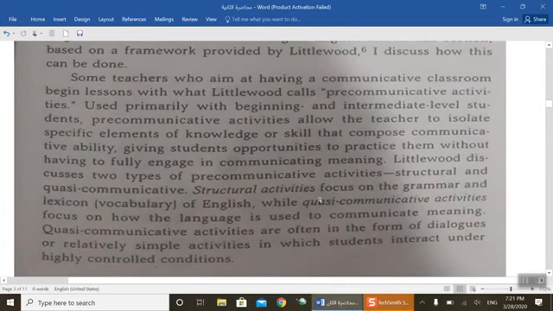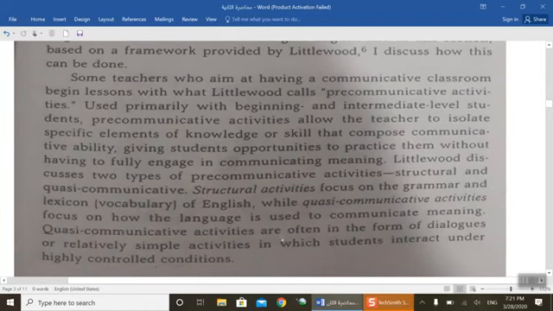Structural activities focus on the grammar and lexeme or vocabulary of English, while quasi-communicative activities focus on how the language is used, not only on the structure. We tell them, for example, this is the subject and verb, and that's it. This is the structure. But then we give them quasi-communicative activities, how the language is used to communicate meaning.